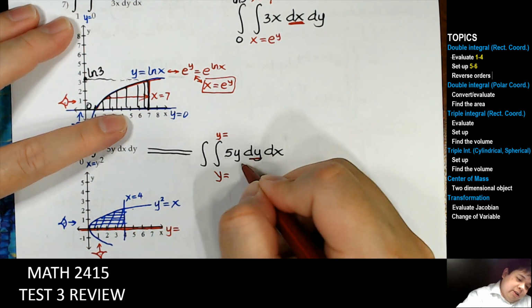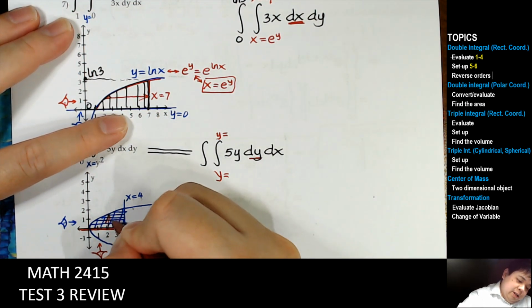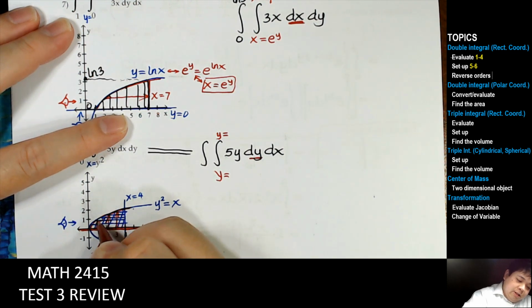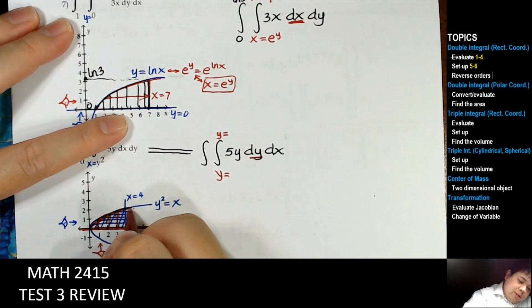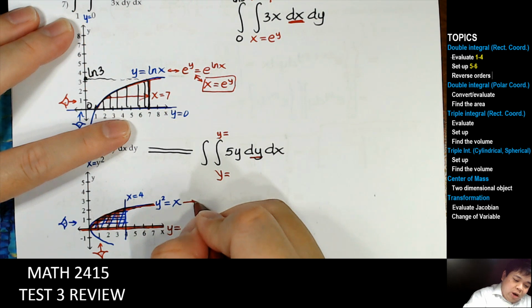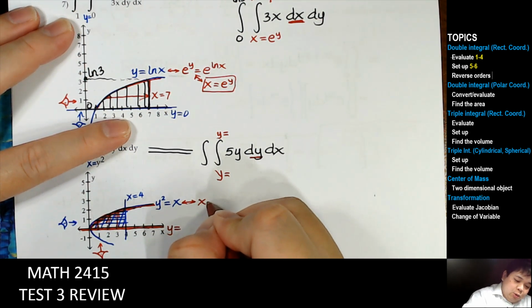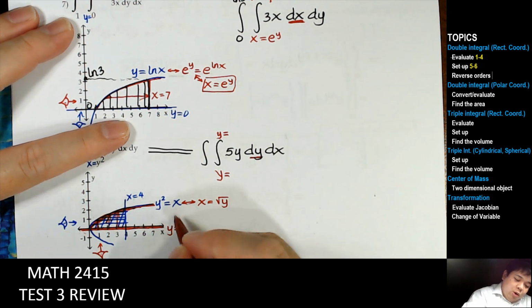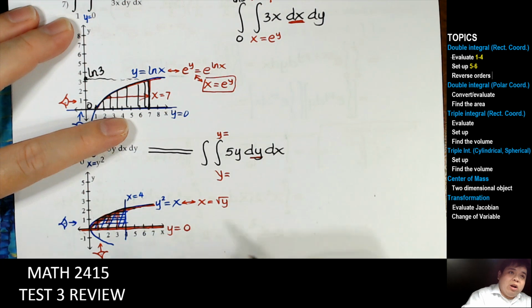And then we're going to have this curve. So if x equals y squared, and both of them are positive here, we can say x equals the square root of y. So we go from this line to the square root of y, and the x-axis, y equal to 0.